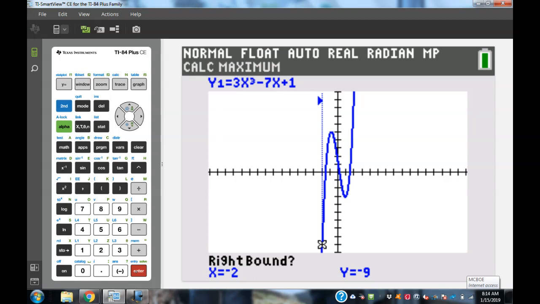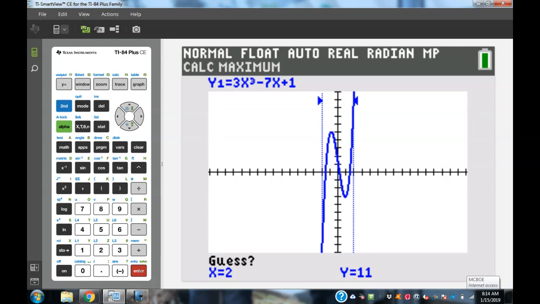It's because the resolution is so small, it wouldn't draw a good picture anyway. It asks for a left bound, and then it asks for a right bound. The right bound should be the other end of the interval, +2. So type +2 and hit enter. On the color one, it shows you the window that you're looking in for that local max or min, okay? And then it asks us to guess.